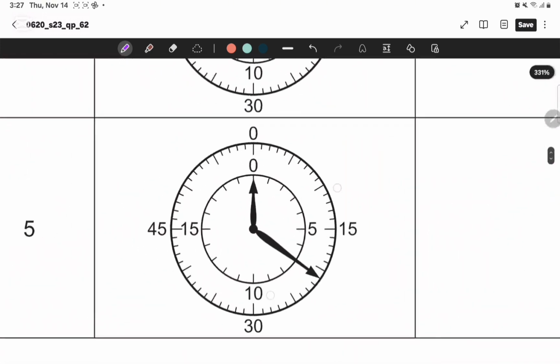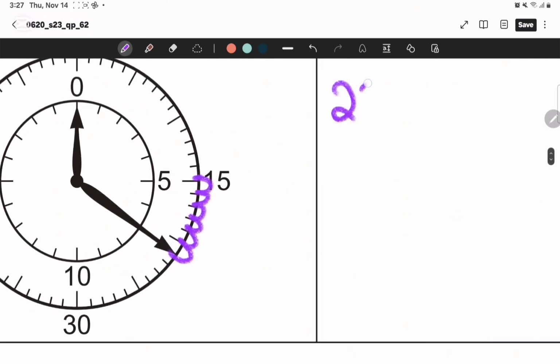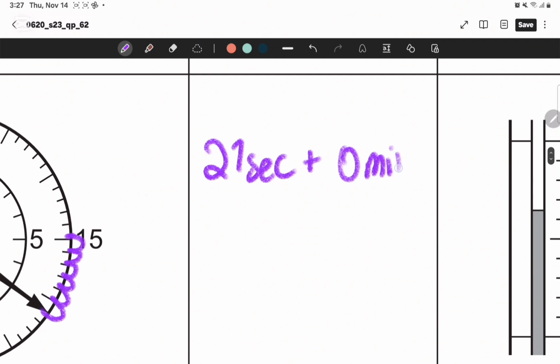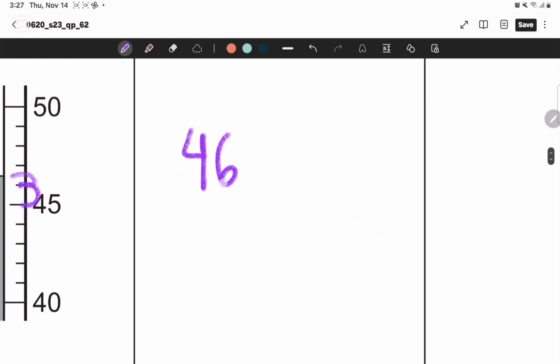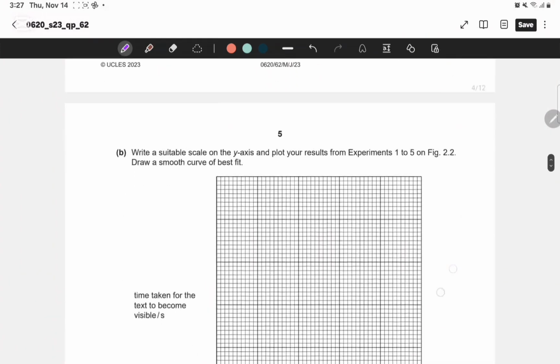Then the last one, 15, 16, 17, 18, 19, 20, 21 seconds and 0 minutes. So 21 seconds, and the temperature is 46.5 degrees Celsius. Okay? So these are all the answers.